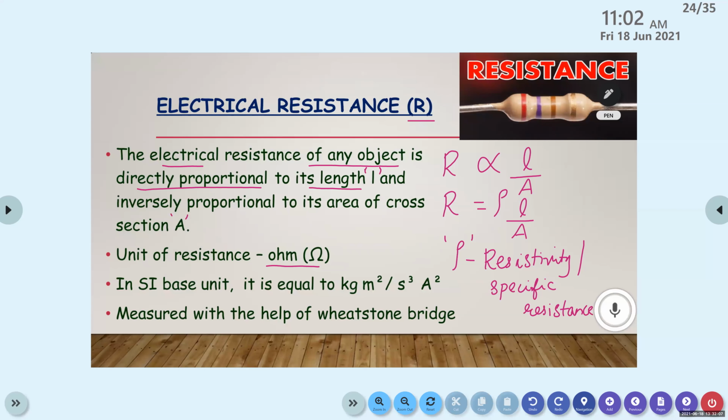That means this ohm is equal to kilogram meter square by S cube A square in SI base units. Normally we use this ohm for resistance, and this is also another unit for resistance. That's it.